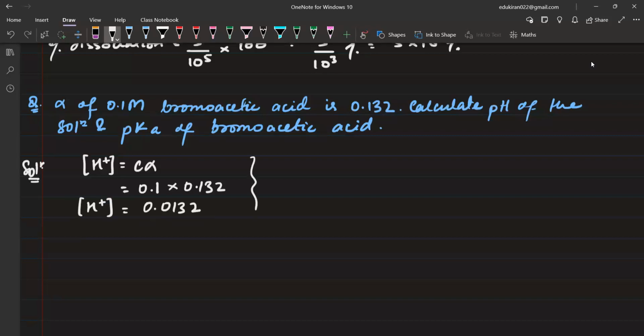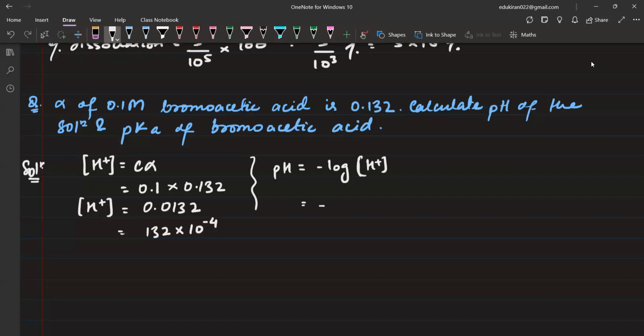अब यहां से आपको क्या निकालना है, pH निकालना है ना. So pH will be, अच्छा इसको हम ऐसे लिख सकते हैं, 132 into 10 to the power minus 4. Make sense? Yes or no, please tell me. Yes, sir. ठीक है. Now pH will be equal to how much? Minus log of the concentration of H positive.